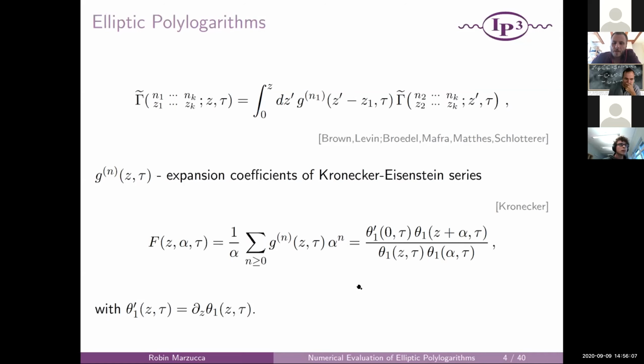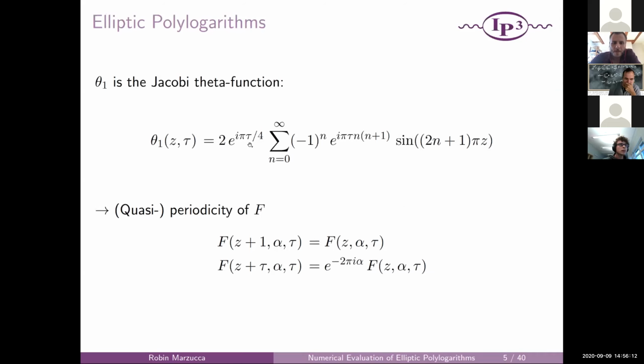And the Jacobi theta functions, we've heard this already yesterday from Stefan. There are many different conventions for these, and this is the one we used, although I believe it probably doesn't matter too much. Anyway, we see here already that we have this sine of (2n+1) pi z.